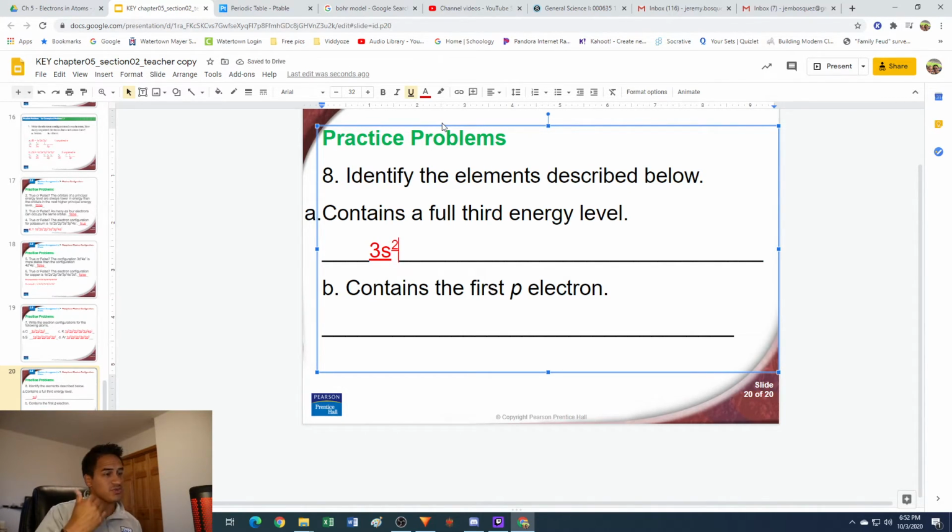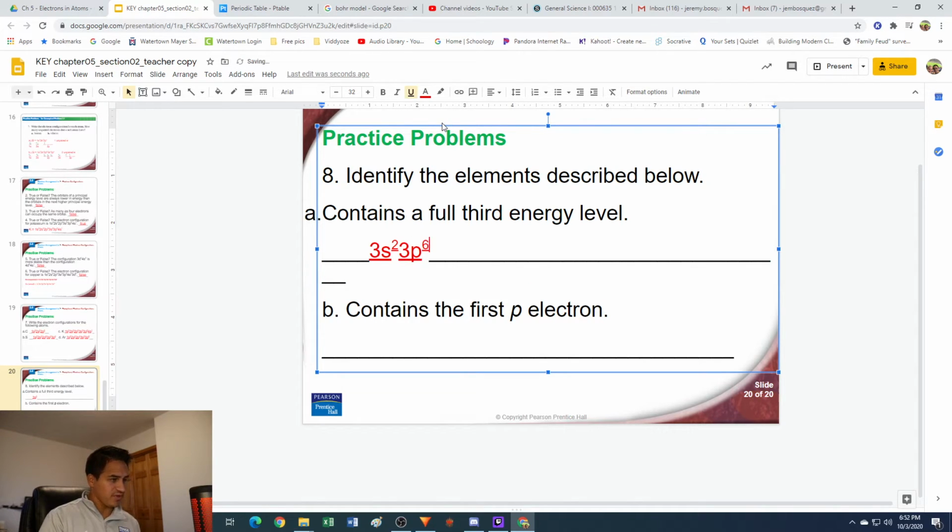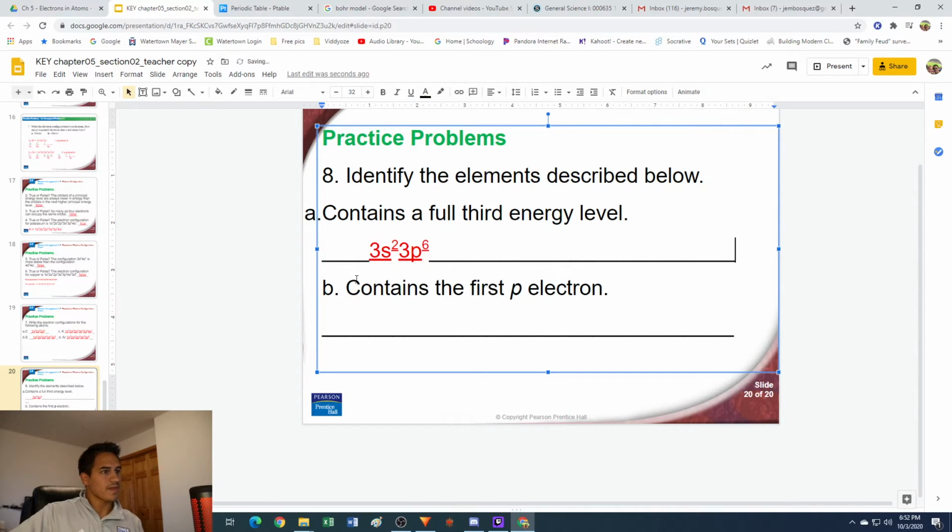Its 3p orbital is going to be fully filled, so it'll be 3p6. And the 3d orbital will be fully filled too, so it'll be 3d10. Whatever element we're describing here has to have 3s2, 3p6, and 3d10 in its configuration.